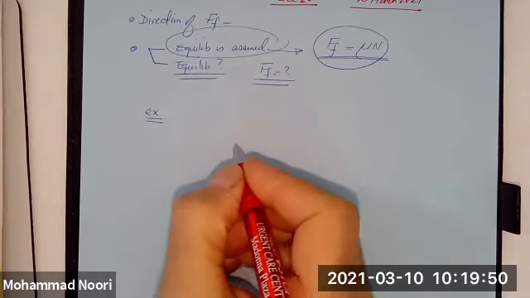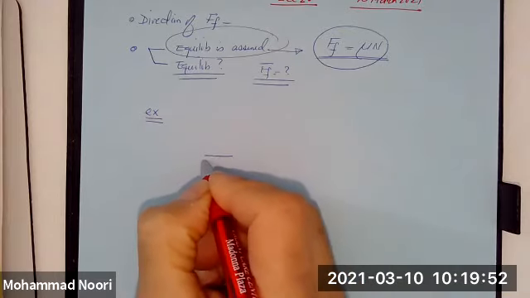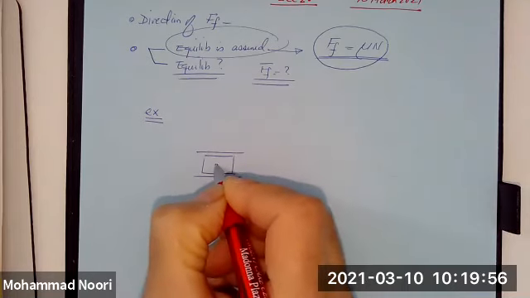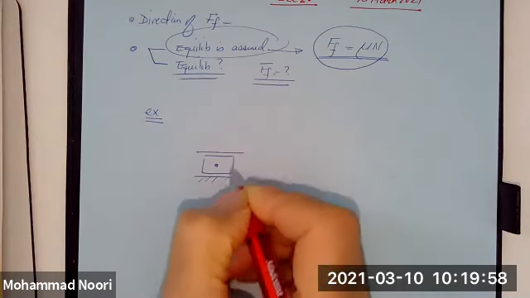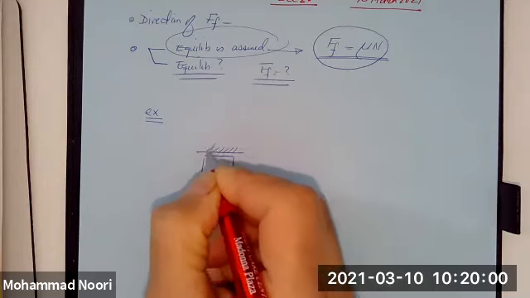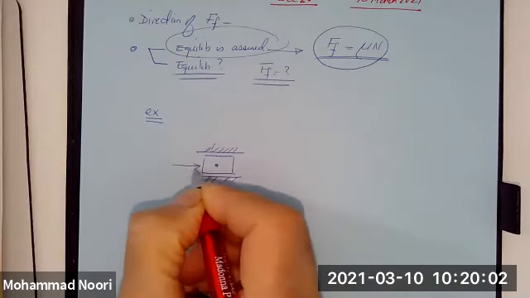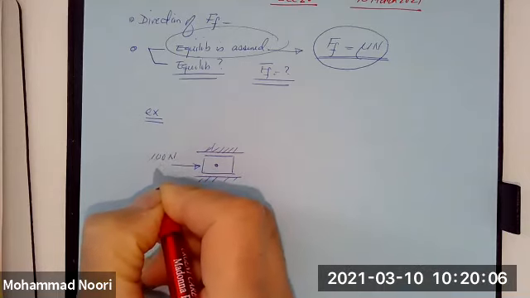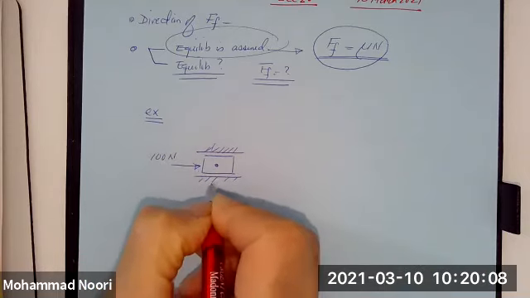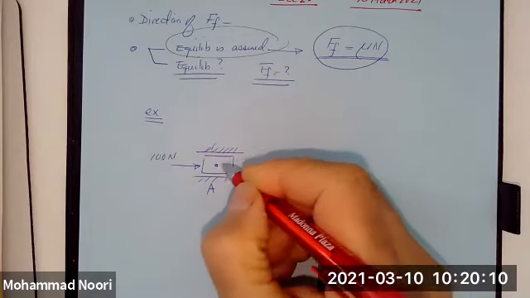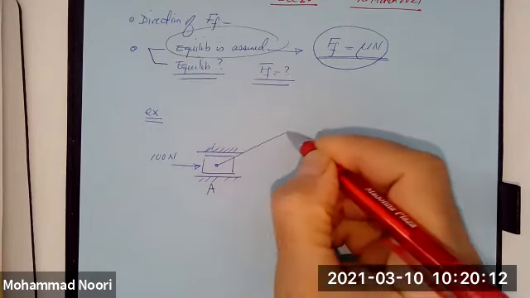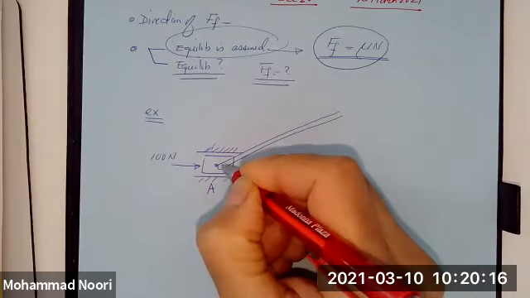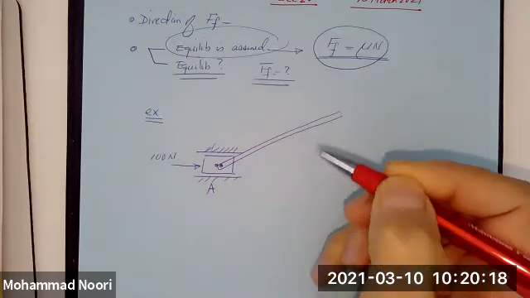All right, so you have a system that consists of a piston that can move in this slot. The piston is subjected to a force of 100 Newton. At point A, in the middle of this piston, you have a rod pinned to it.